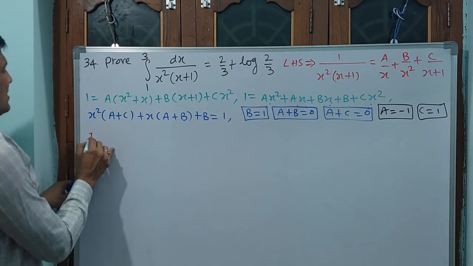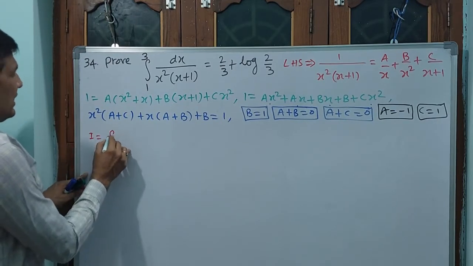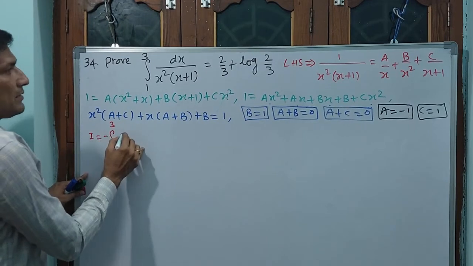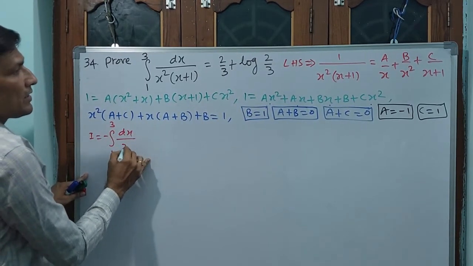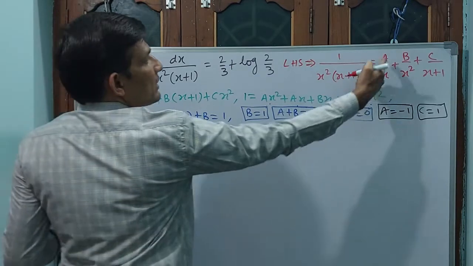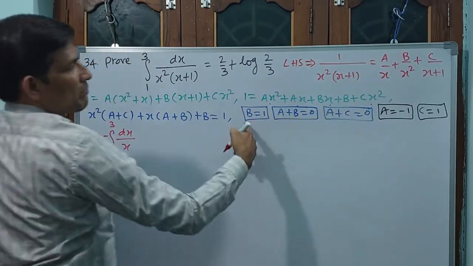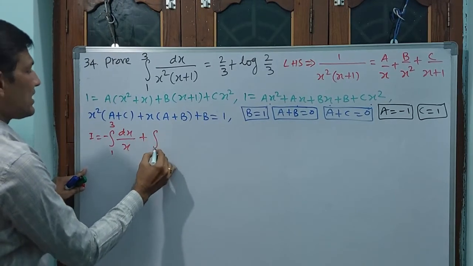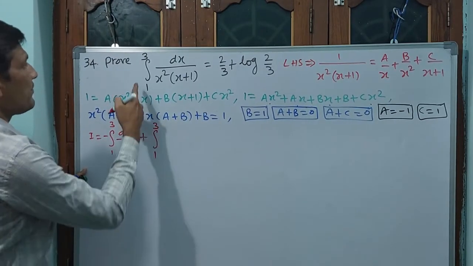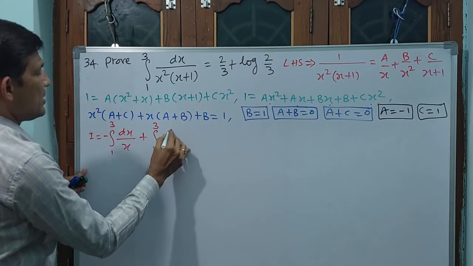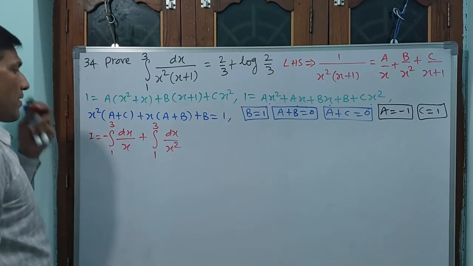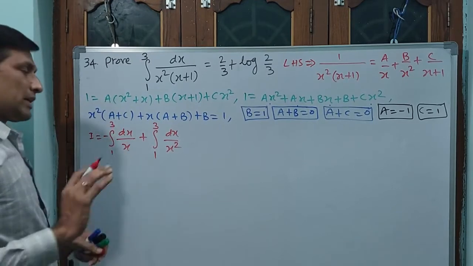Now see, I is equal to integral 1 to 3 minus dx by x. Okay, b is plus only, plus 1. That means you take plus integral 1 to 3 dx by x square. Why? Because 1 by x square. Okay, that is also okay.